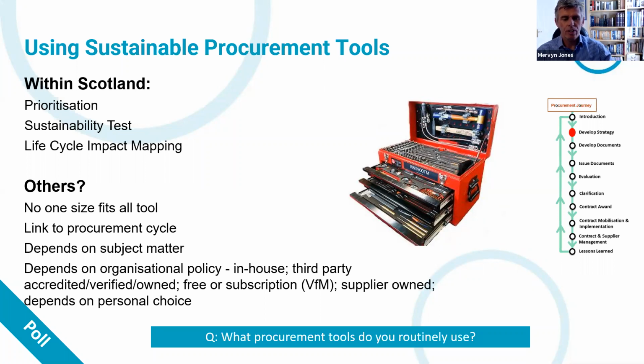But what the prioritization tool within Scotland looks at in the context of sustainability is how those spend categories align with the environmental and social and sustainability issues that particular organizations have identified.